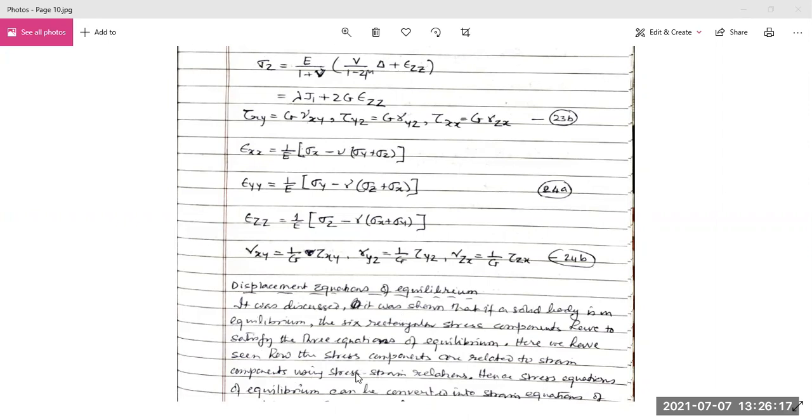Then the stress components are related to strain components using these two equations, which are Lame's coefficients. So with these two unknowns, we have formulated the stress-strain relations as per Lame's equation itself. Hence, the stress equations of equilibrium can be converted into strain equations of equilibrium.